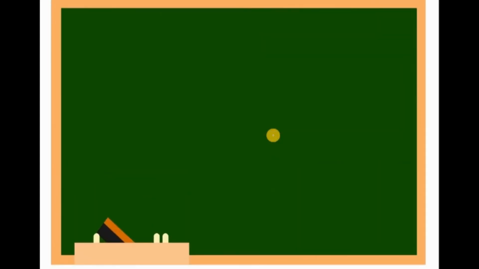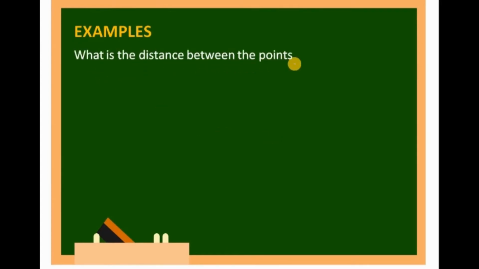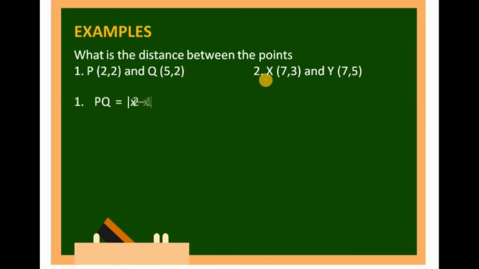Let's see some examples. What is the distance between the points? Let's see the points. P 2, 2 and Q 5, 2. Here you can observe that the y coordinates are same, that is 2.